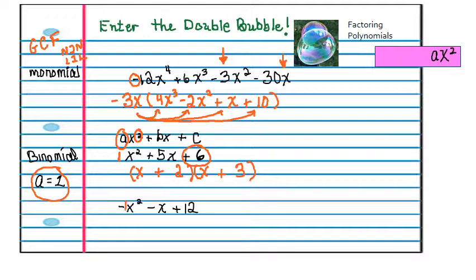Okay, on the next one here, you'll notice it has a negative 1 to it. So what I'm going to do, like I did up top, is actually factor out the negative, which means all the signs are just going to change here. Minus 12. And so we have a negative, and since now a equals 1 again, I'm just going to do the double bubble thing again. We're going to get an x and an x, because if we multiply it together, it gives us that little x^2 there. And factors for a 12, which we know is 1 and 12, 2 and 6, 3 and 4.